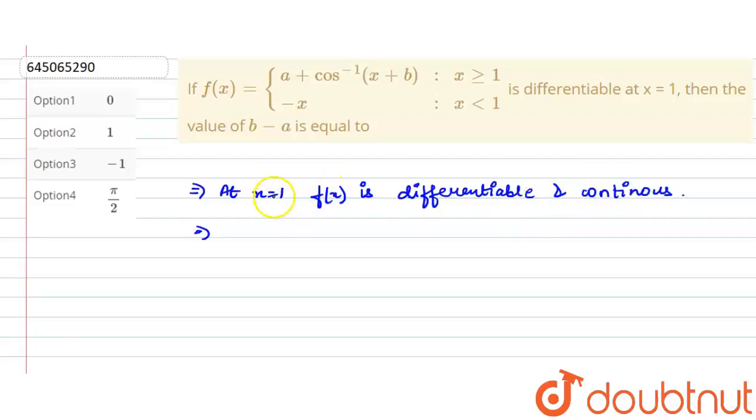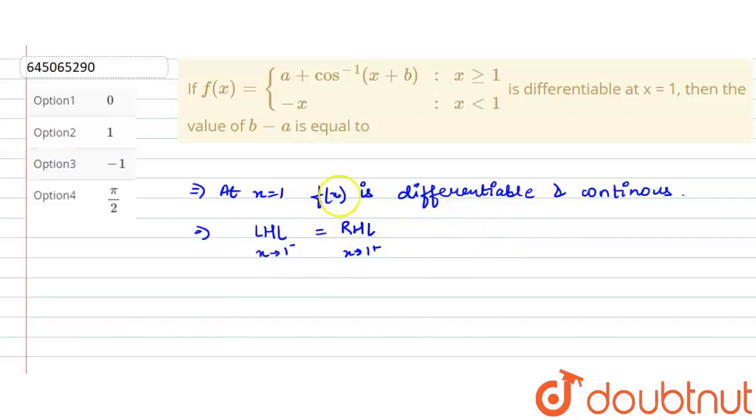Since f(x) is continuous at x equals 1, its left hand limit, as x approaches 1 from the left, will be equal to the right hand limit, as x approaches 1 plus, because it is continuous.